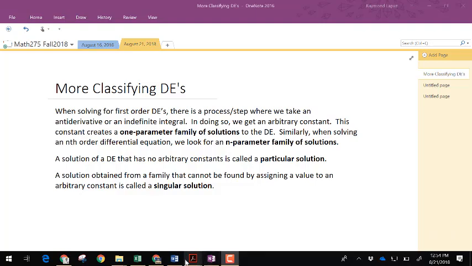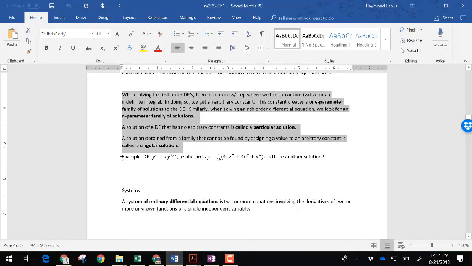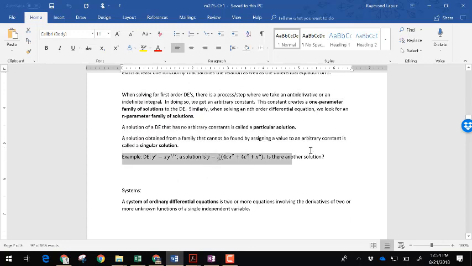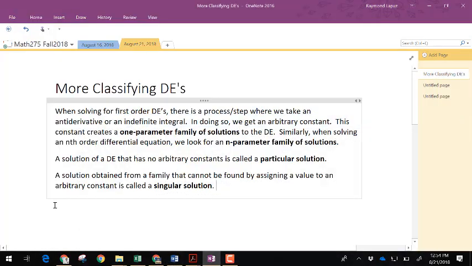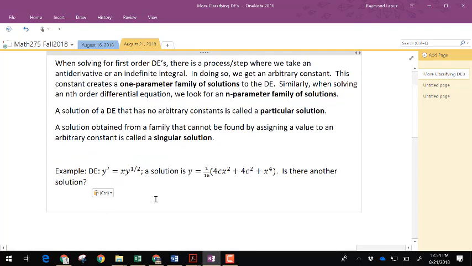All right. So let's see if we can take some more. All right. This looks like a problem to look at. So for example, we have a differential equation that looks like this, and the solution is given by this, which is how many parameters?